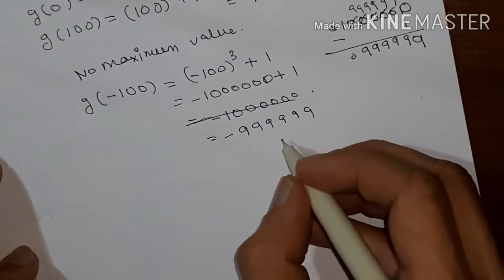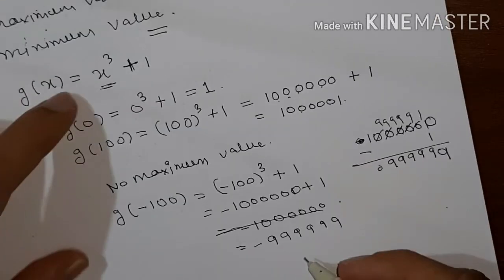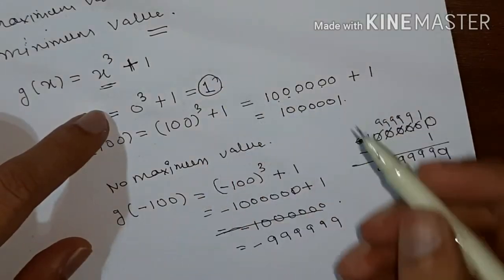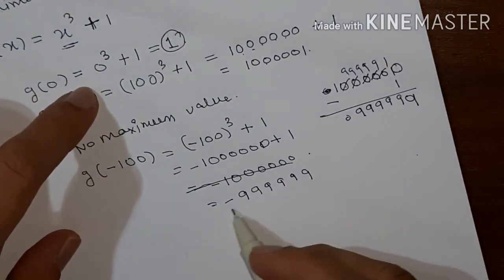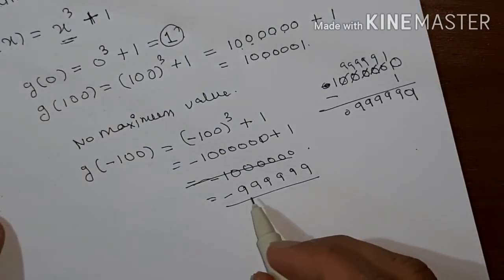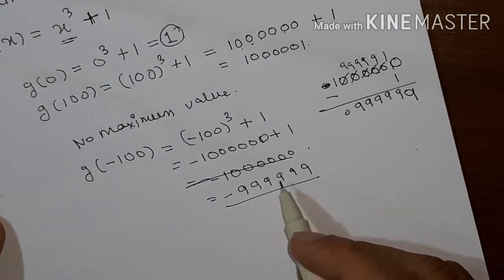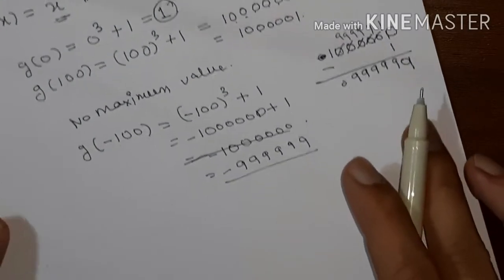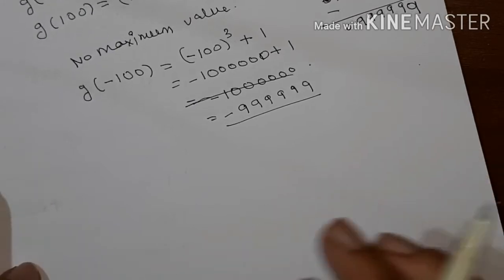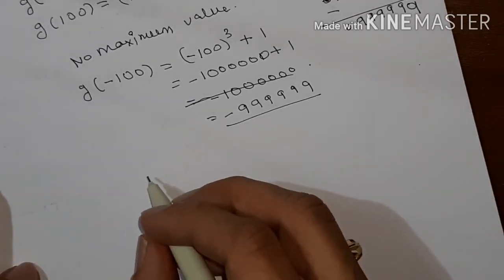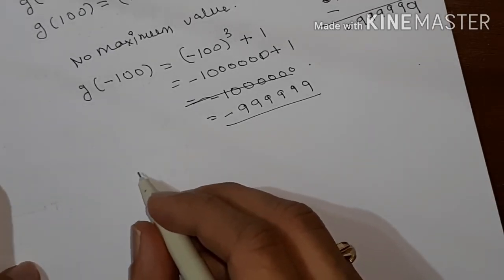So you see that first it was 1, then it decreases to minus 9,99,999. So the value of the function keeps on decreasing as x decreases.